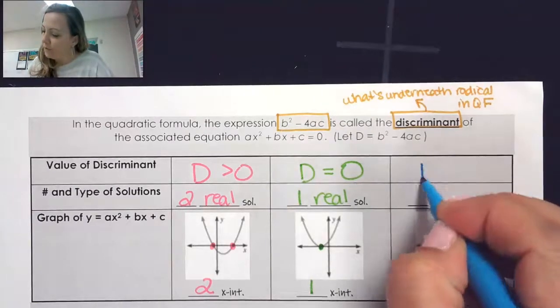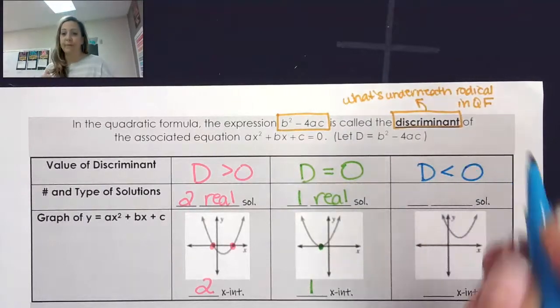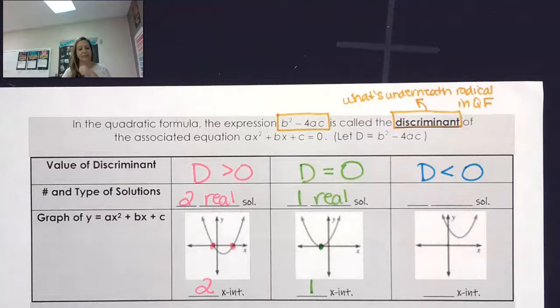So there are also cases where the discriminant is less than 0. When the discriminant is less than 0, that means you're going to be taking the square root of a negative, much like you did in example 3 on the front.